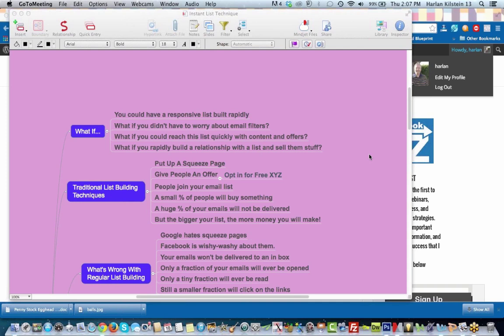What you really want is a list that is targeted and a list that is responsive. A targeted responsive list is worth a lot of money. A big list is not necessarily worth money. So keep that in mind. If you're taking notes, write down targeted and responsive. Those are our most important terms.